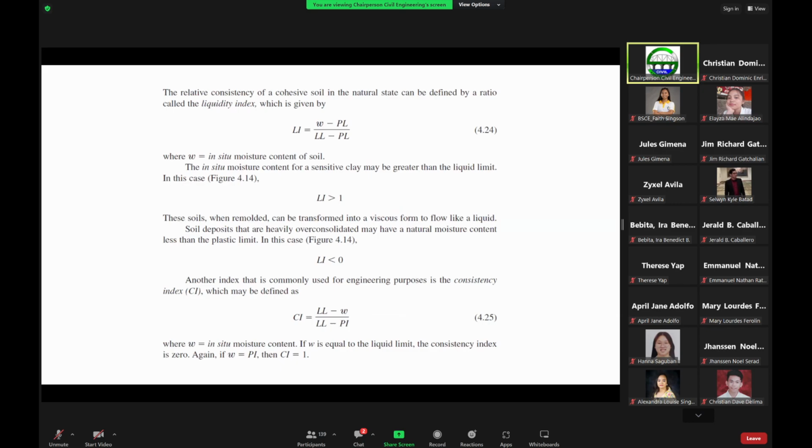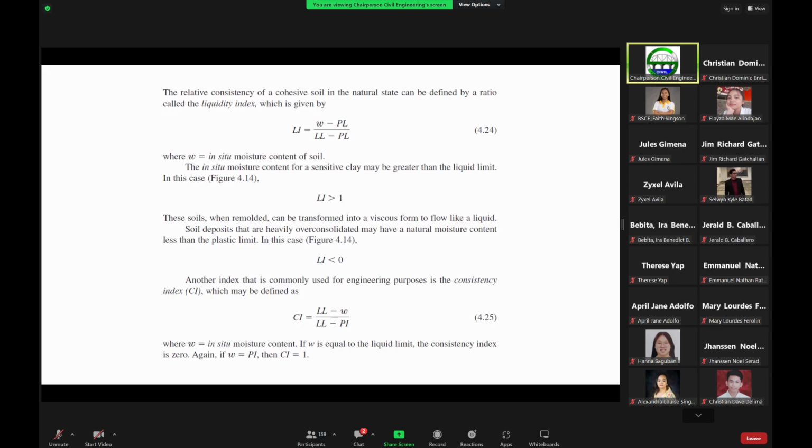Now, the relative consistency of a cohesive soil. When we say consistency, these are the moisture levels in your cohesive soil.